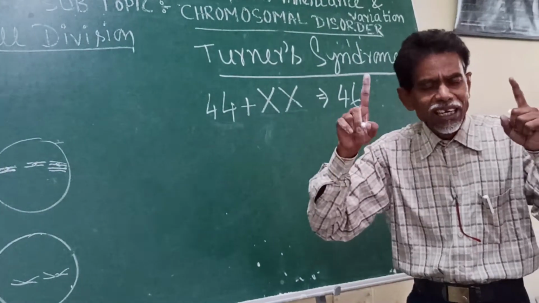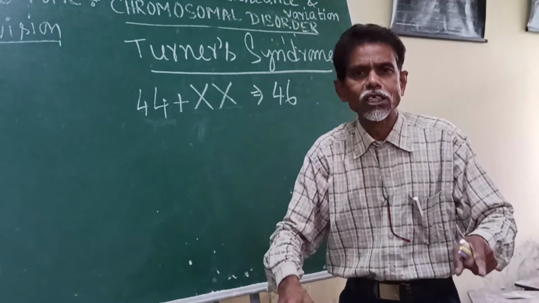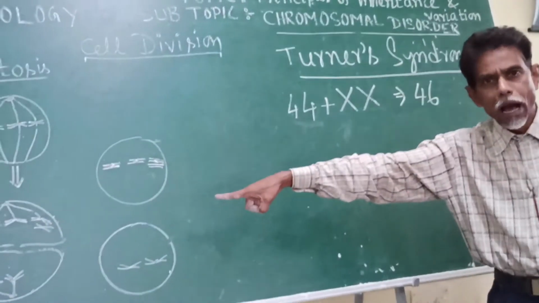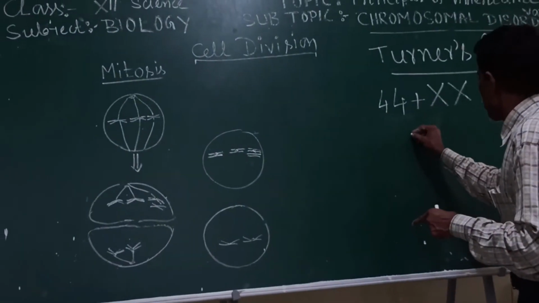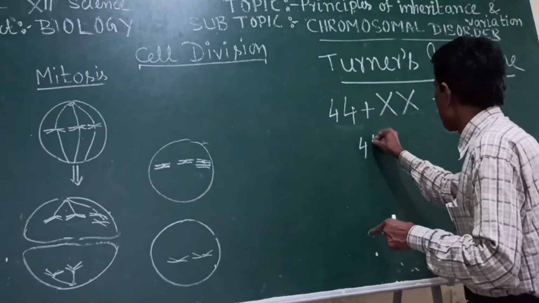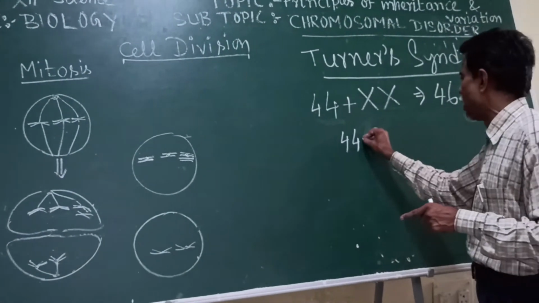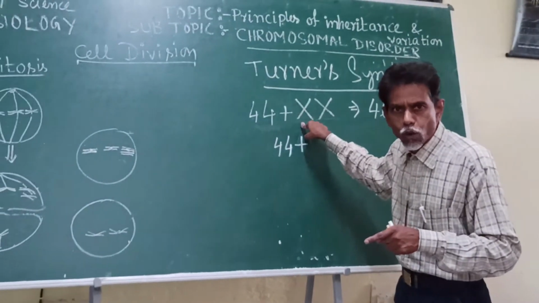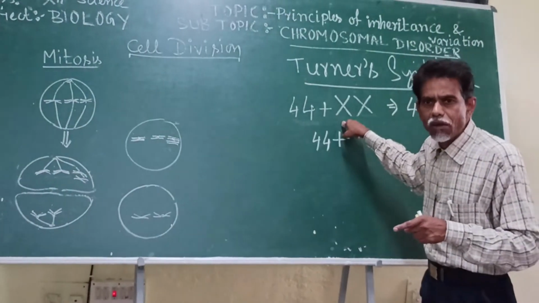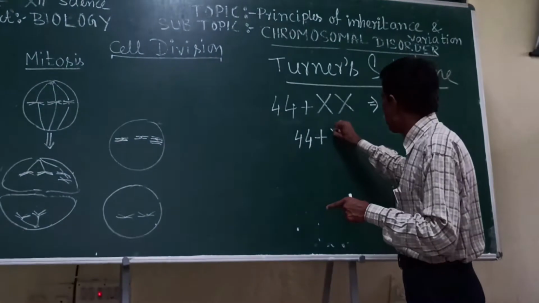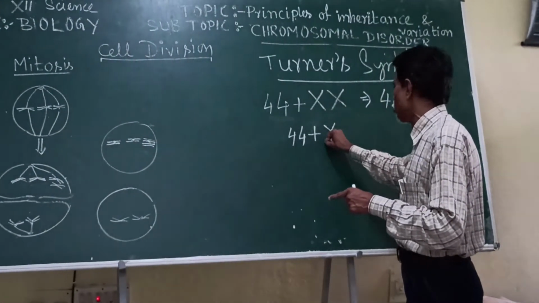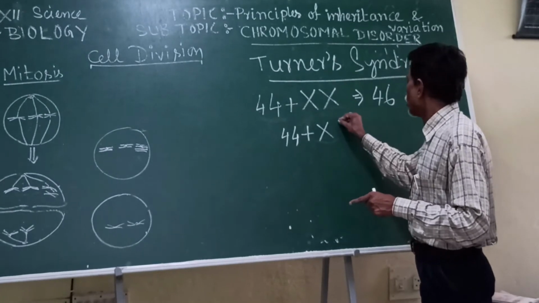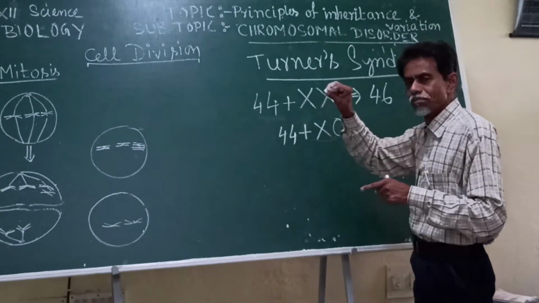But in certain cases, due to abnormality, as I have explained how it happens, the 44 autosomes remain, but instead of 2 sex chromosomes, that female has only 1 sex chromosome. So we represent 1 sex chromosome and 1 no chromosome, that is 0.